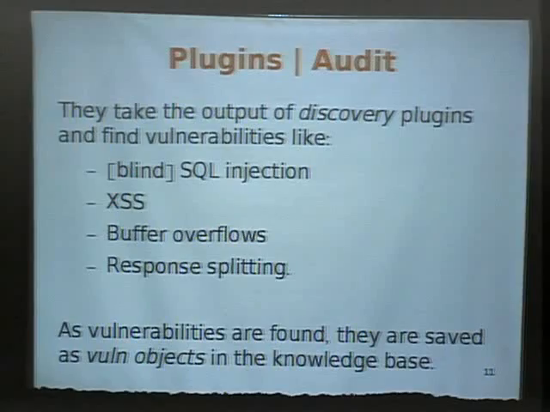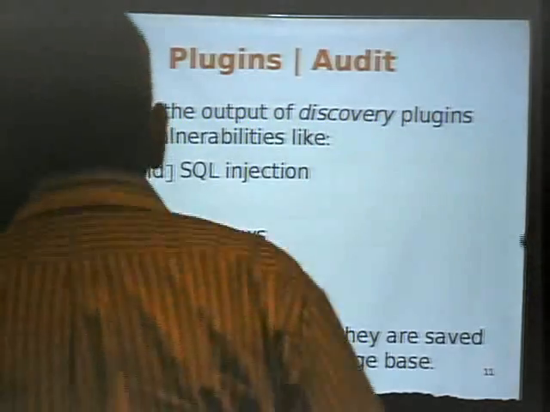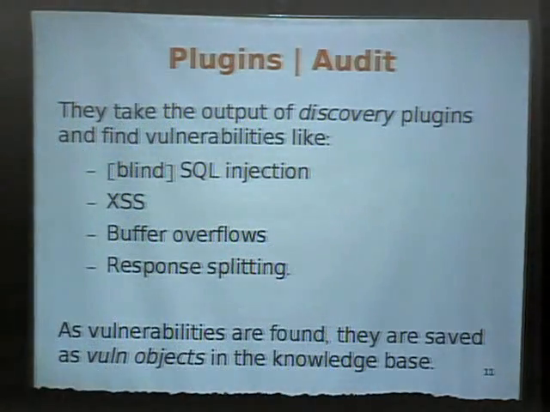We have audit plugins that are going to find those vulnerabilities. So the discovery plugins found a parameter. That parameter is going to be the input for the audit plugins, and the audit plugins are going to find the vulnerabilities. For example, SQL injection, cross-site scripting, etc. Well, the results of these audit plugins are stored in the knowledge base as vulnerability objects.